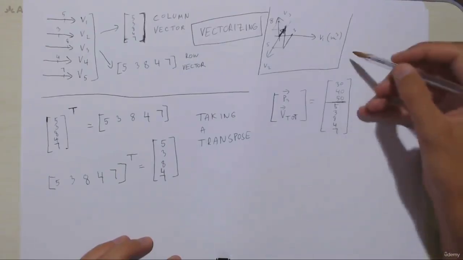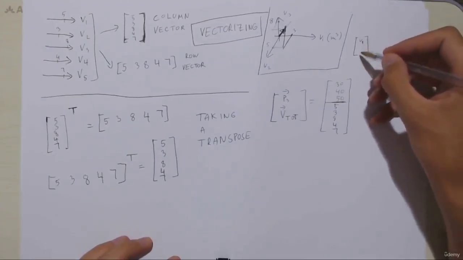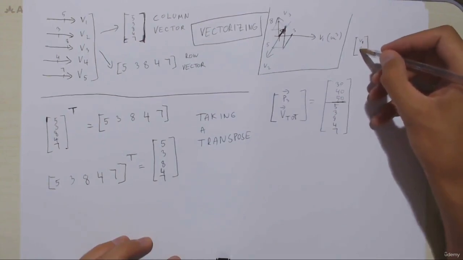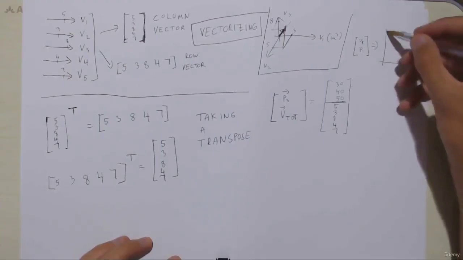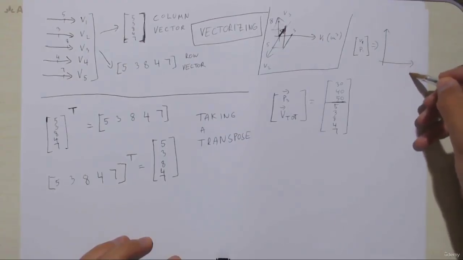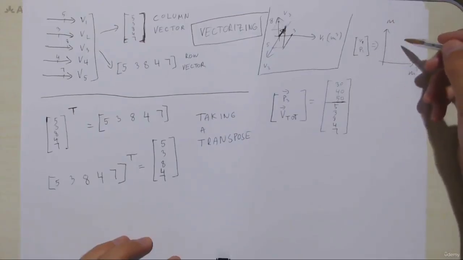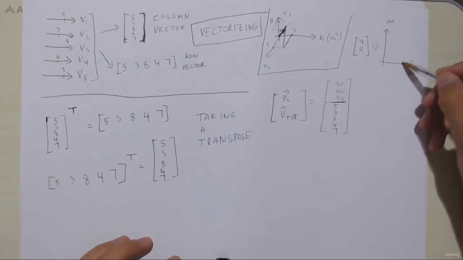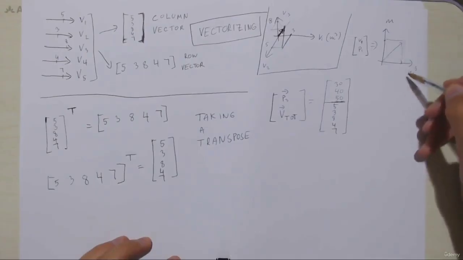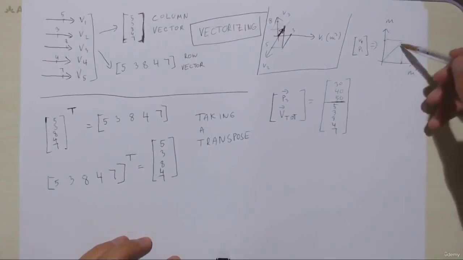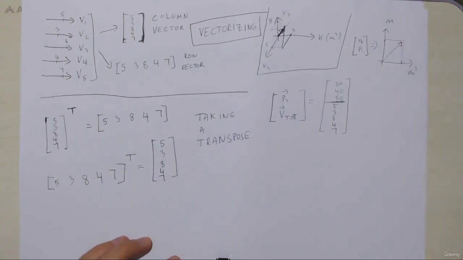For example, if I have a vector that describes the volume of the tank, and also some kind of position in one dimension, then if I try to graph it, I could have here V1, measured in cubic meters, and position, measured in meters. If you try to graph it, it just doesn't make sense. On one axis you have cubic meters, on the other axis you have length. It's very confusing, so I advise you not to do it.